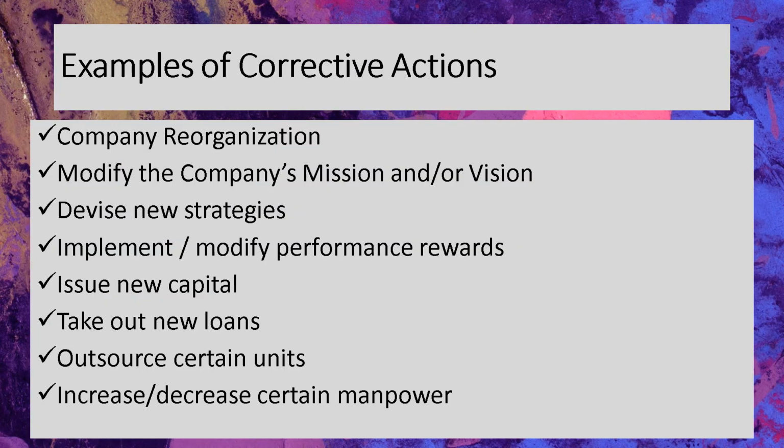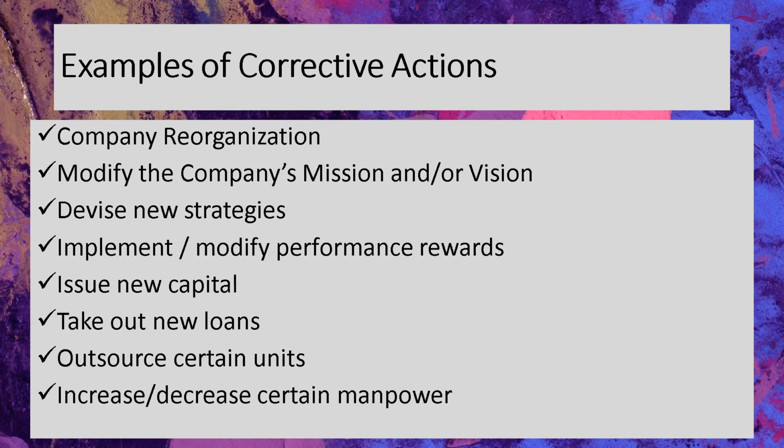Here are examples of corrective actions possibly needed to correct unfavorable variances. Alter firm structure, replace one or more key individuals, divest a division, add or terminate salespersons, employees, or managers. They may also alter the firm's vision and or mission, revise objectives.